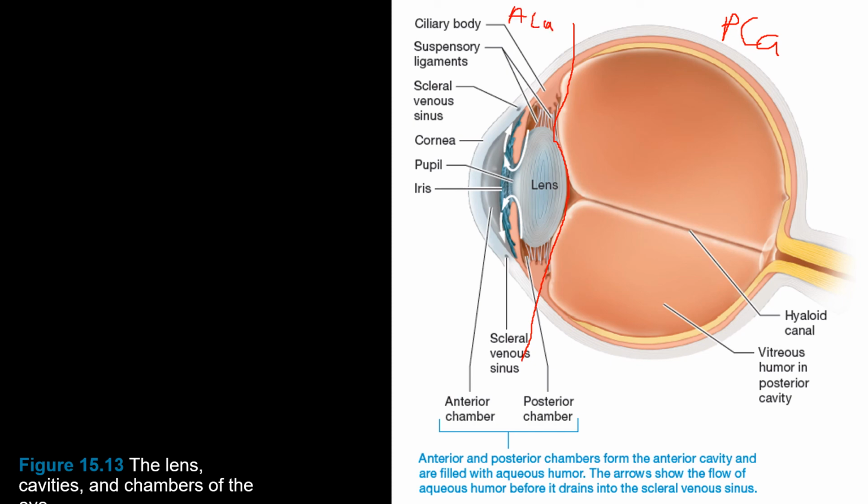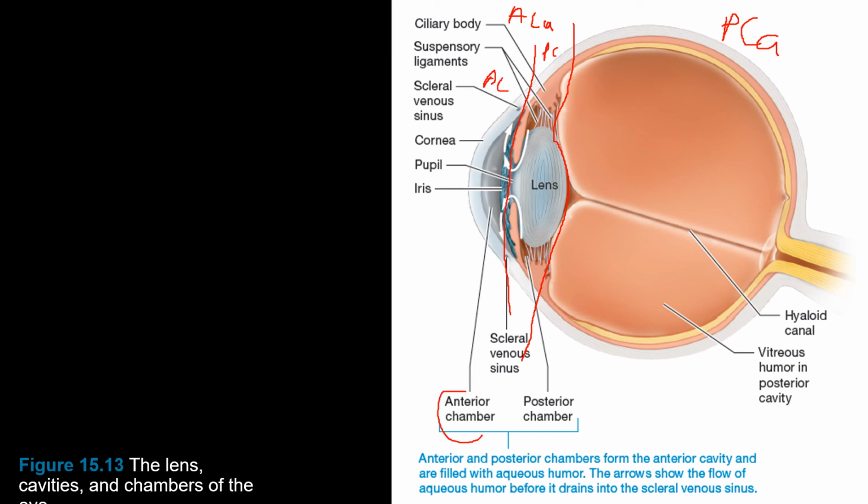Please don't judge my mouse handwriting. Okay, so this is the anterior cavity, that's the posterior cavity. Now the anterior cavity is divided again, basically like this, to where we see the posterior chamber and the anterior chamber.